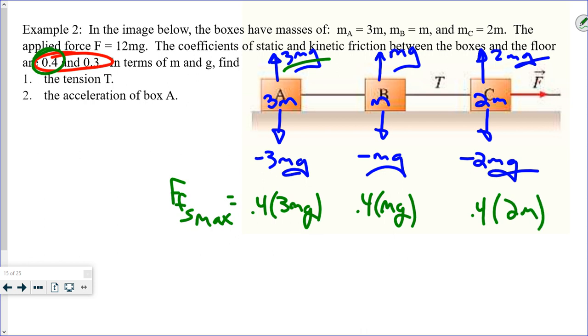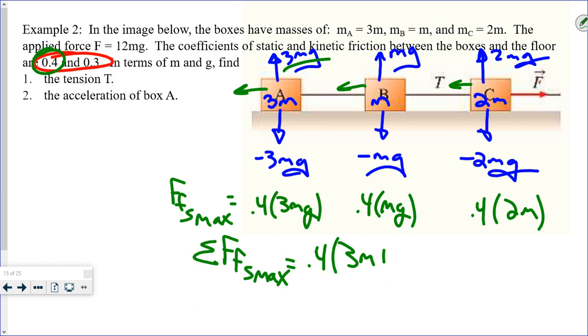We can draw in a force of friction for each box, giving a total force of friction. The net maximum static friction is these added up, which is just 0.4 times 3mg plus mg plus 2mg. That's exactly the same as treating it all as one big box, which you can do as long as all the objects have the same coefficient of friction.